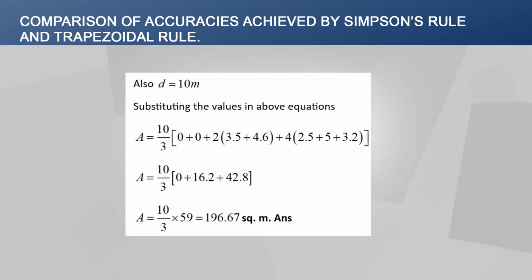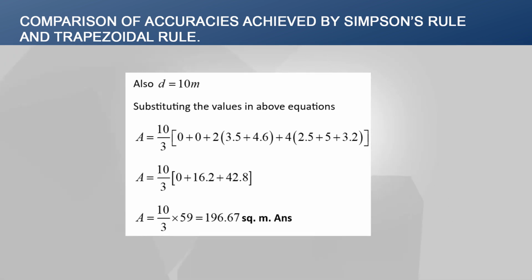So, we have to just substitute the values in the formula. We can substitute D is equal to 10 meter. So, A is equal to 10 by 3. The first offset value is 0, last offset value is 0, plus 2 into the sum of remaining odd ordinates, which is 3.5 plus 4.6, plus 4 into the sum of remaining even ordinates, which is 2.5 plus 5 plus 3.2.